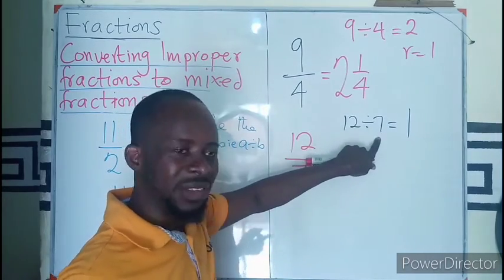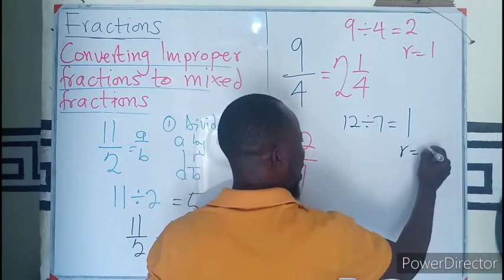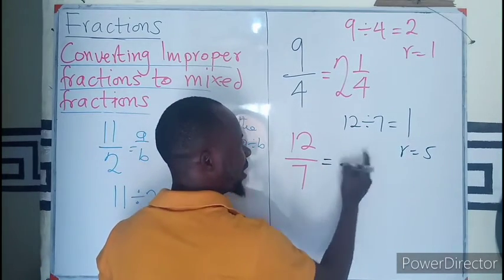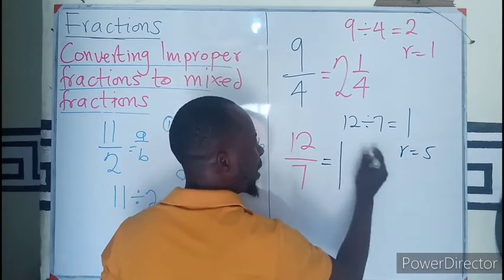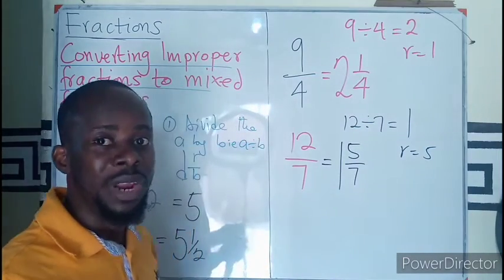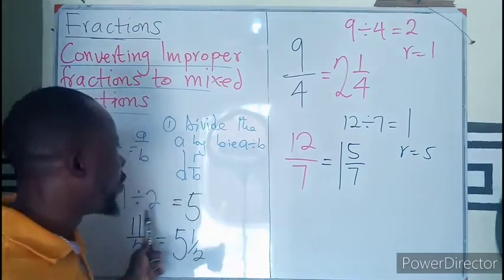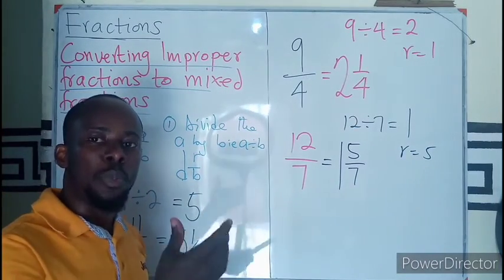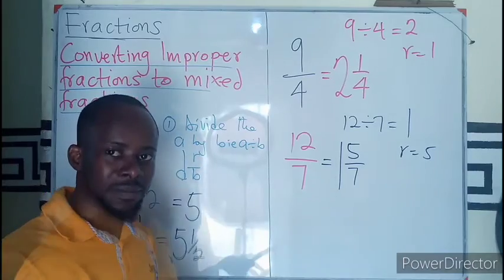So 12 minus 7 will give us a remainder of 5. So this fraction converted will be 1 whole number, remainder 5 over our denominator. So this is how we convert fractions from improper to a mixed fraction.